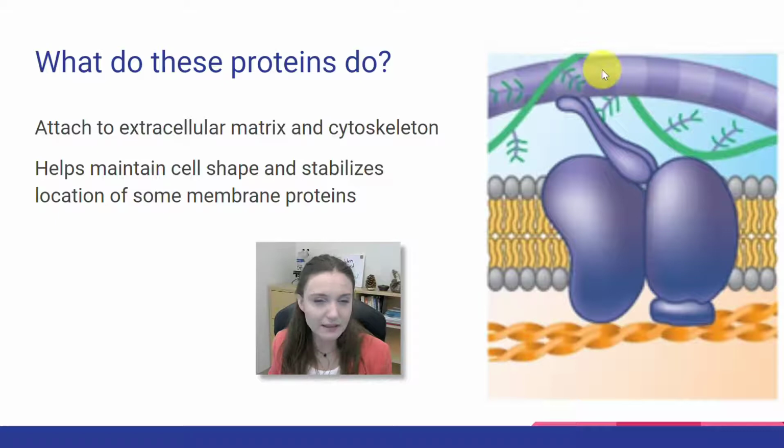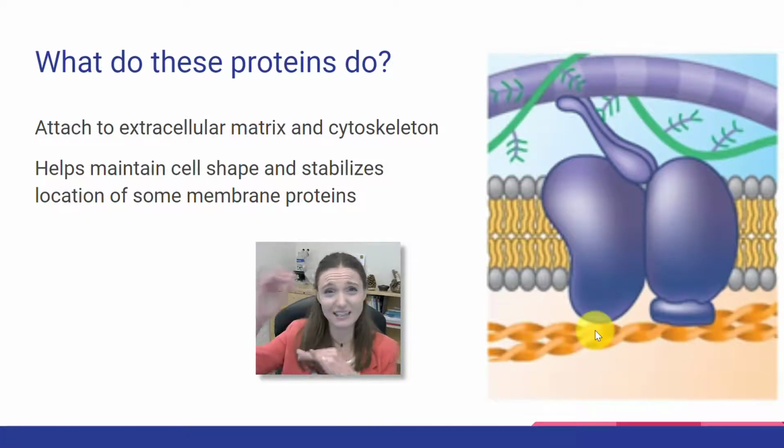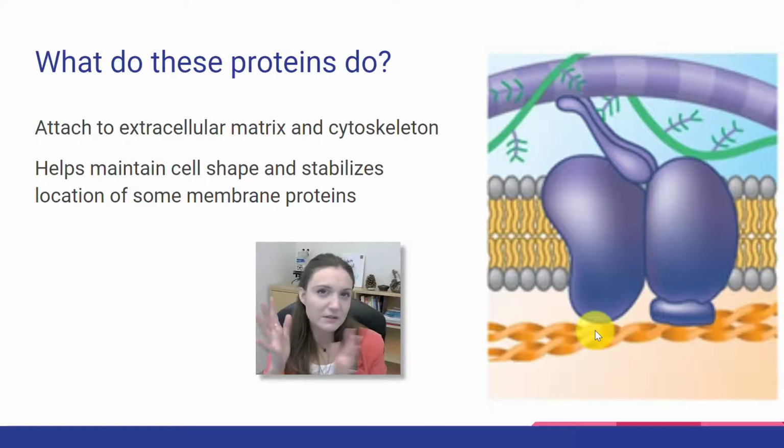So they're, in a way, like signal transduction proteins, but that's not their main job. Their main job is to anchor the extracellular matrix with the cytoskeleton to maintain the cell shape, and it helps keep certain proteins in a specific area as well, right? We don't want all the proteins floating around all the time, so these help keep stuff in a very specific location where they're supposed to be.